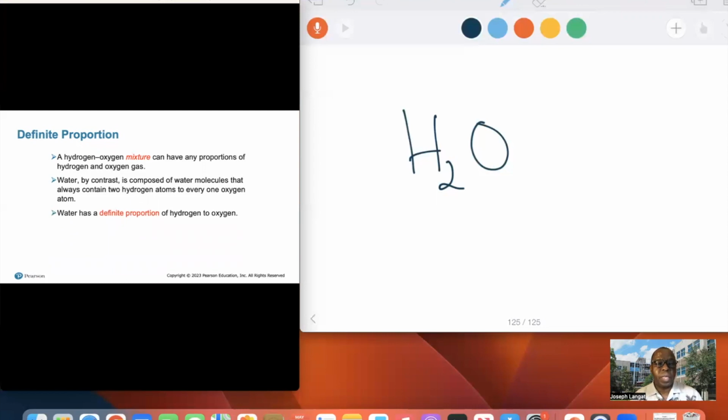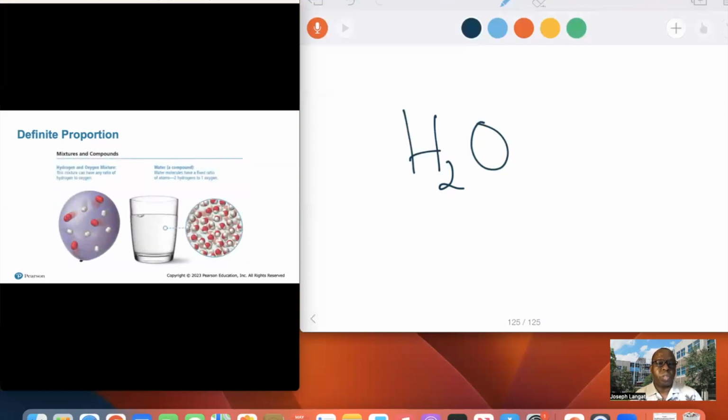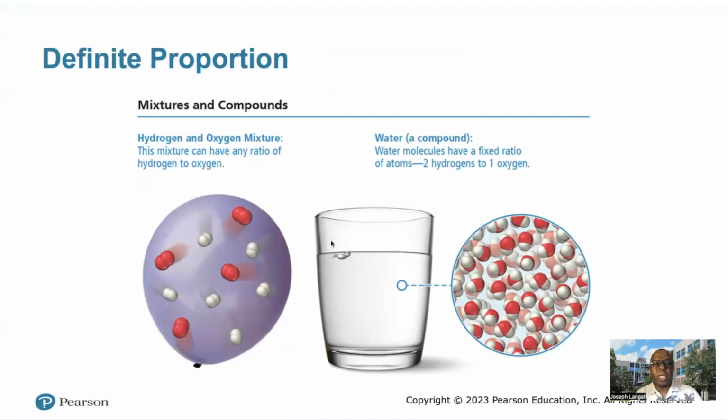We covered the law of definite proportion extensively in the previous section. This is just a pictorial representation, I can blow this up. This is a pictorial representation of elements, which is a mixture, and a compound, which has well-defined proportion.